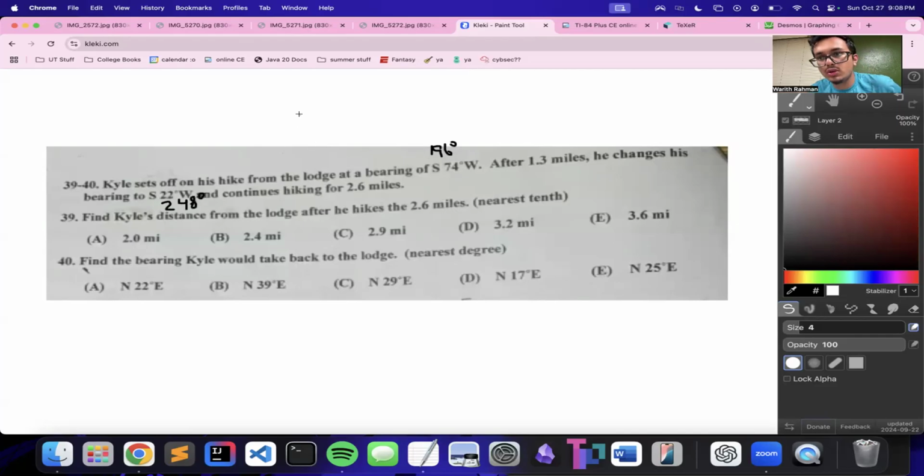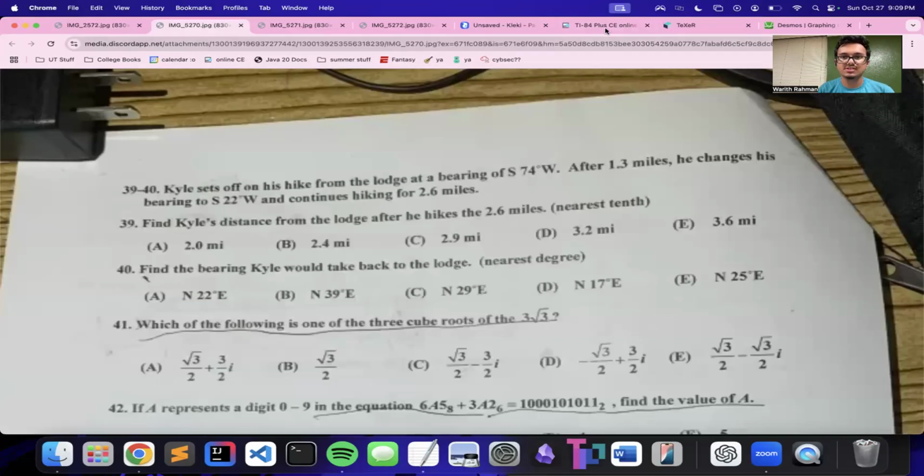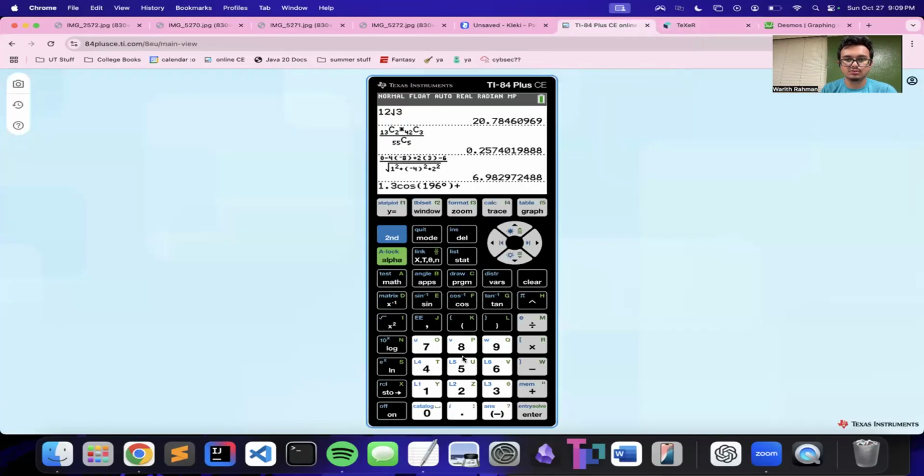We can use those cosine and sine forms. If you recall earlier, I said that for parametrics, r cosine theta is x and r sine theta is y. You can think of r as the distance he travels. So in this case, the total x distance that he travels is 1.3 times the cosine of 196 degrees plus 2.6 times the cosine of 248 degrees.